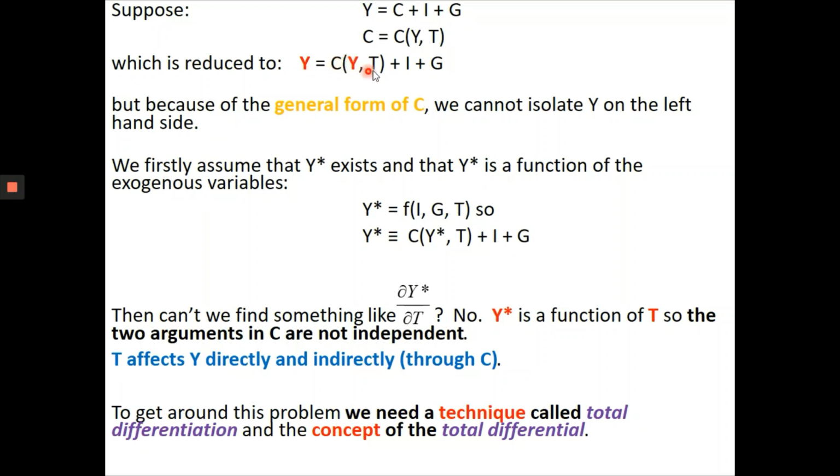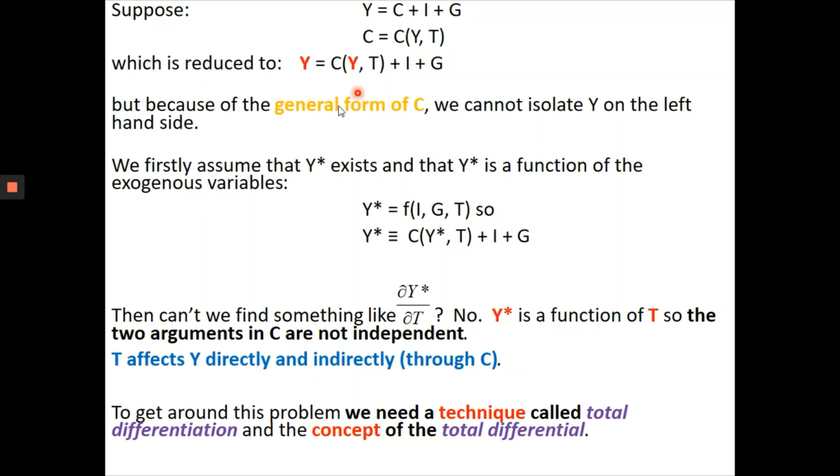That is due to the general form of the consumption function here. All right, so we're going to have to find or calculate our comparative static derivatives in a different way.